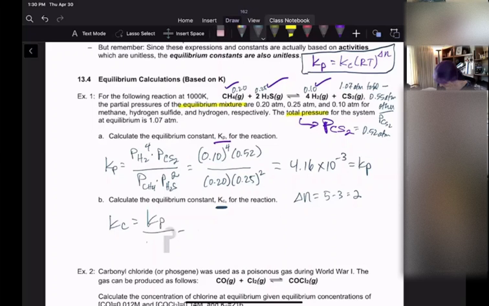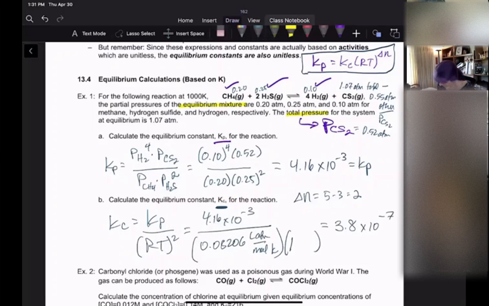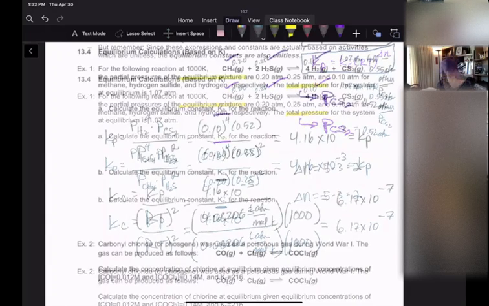Kp over RT squared. All right, so then that value is off. All right, so it's smaller. And the next one.